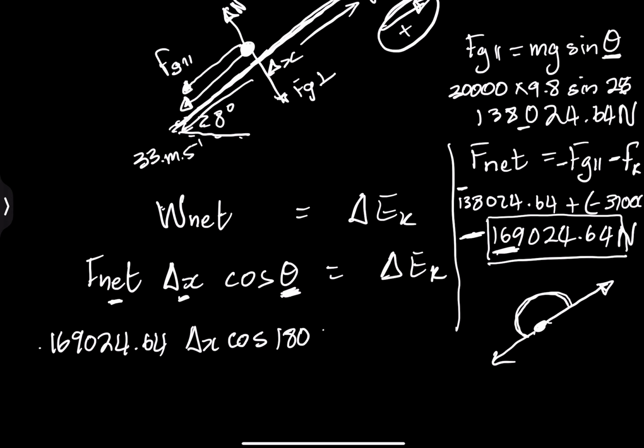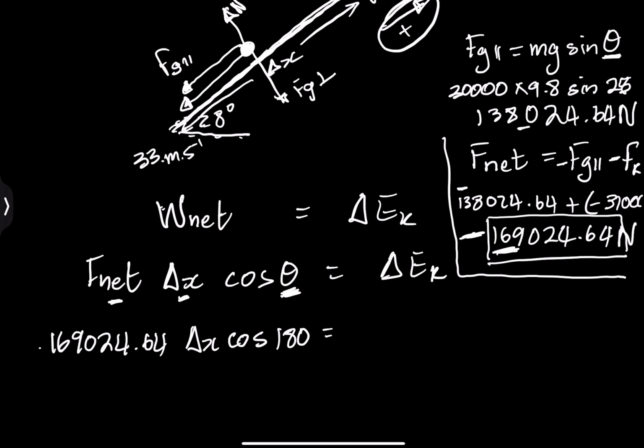Okay, right, and this is equal to, it seems like I don't have sufficient space here. I'm going to try and create some space. All right, so let's do this. So this is going to be the change in kinetic energy.